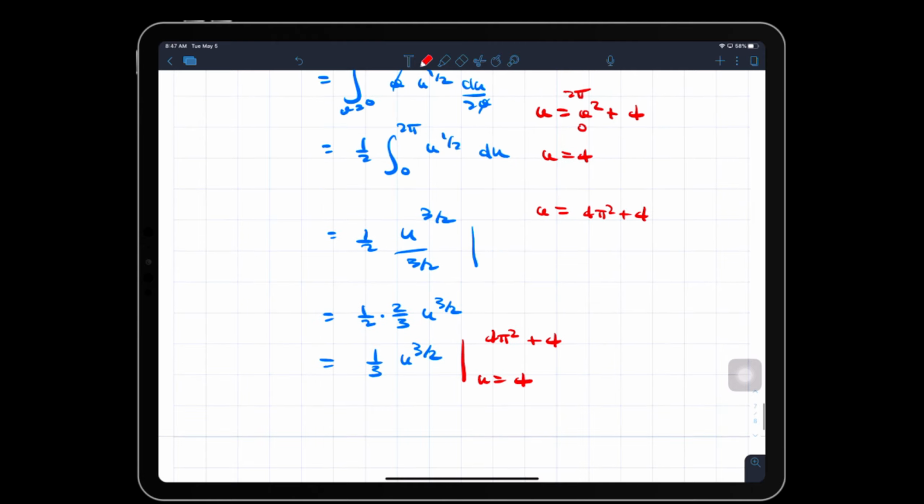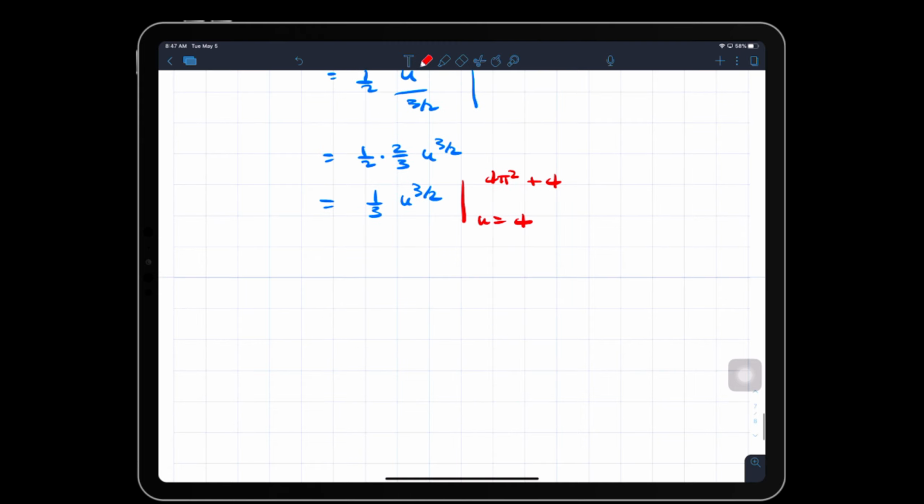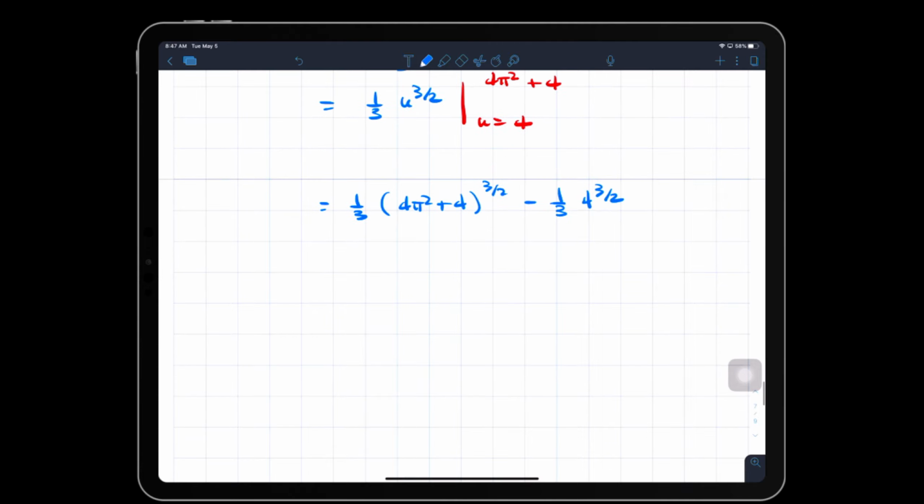Let's double check. Yeah. So now I can apply the limits, and that will be 1/3 times 4 pi squared plus 4 to the 3/2 minus 1/3, really 4 to the 3/2. There's a little bit of algebra I can do here. I can factor out that 4.